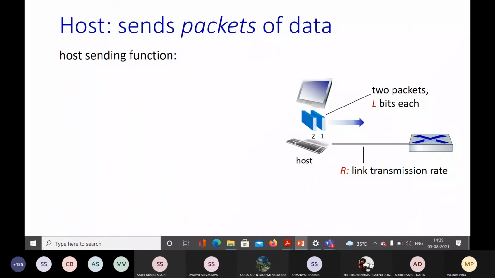Okay. Now we have studied until how to access the network, that is what is the medium and what is the technology that can be used to access the network. Now we are going a little bit deeper, that is how the host will send its information to the rest of the internet.